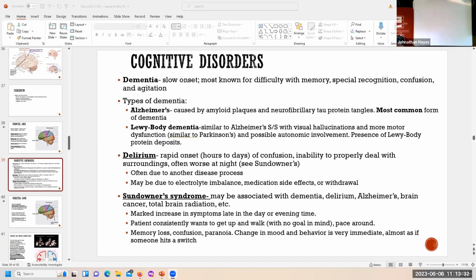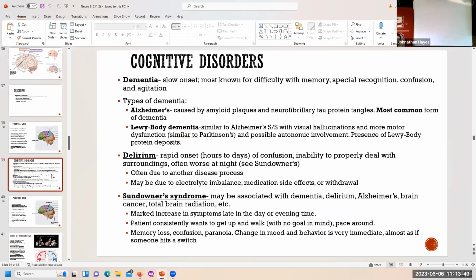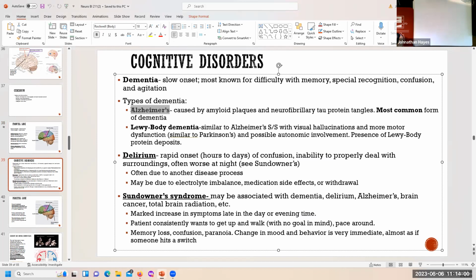But again, picking up where we left off, we were looking at the cerebral hemispheres, and part of the frontal lobe is for higher brain function. So thinking, cognition. So when this area does get affected, either by chronic diseases or acute manifestations, then we can expect to see certain cognitive disorders. So I think one of the most common cognitive disorders that people usually hear about would be Alzheimer's, and for good reason.